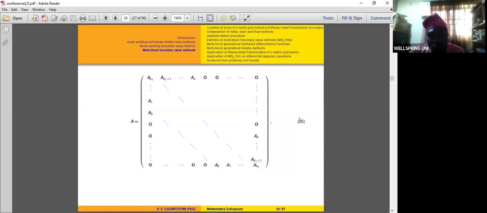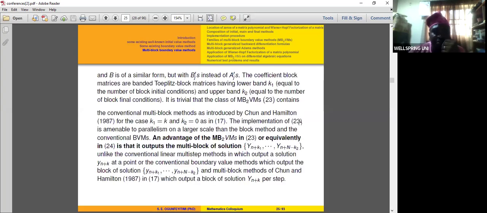Then the last row, the last column, we have AK down to AK1 plus 1. Those are the final conditions we need to bring along to couple the initial, the main, and the final together, as earlier mentioned.